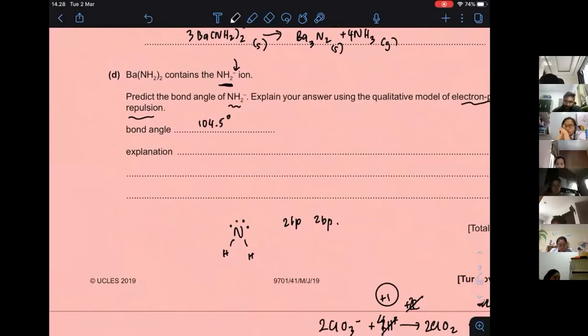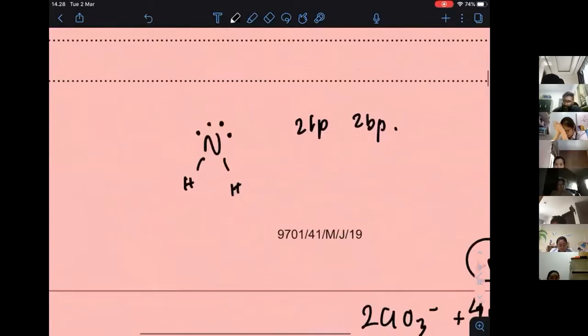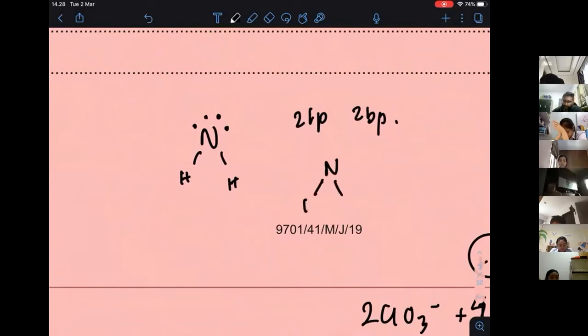Nitrogen alone, one electron is used here, another electron is used here, so you have 3 more electrons because nitrogen has 5 valence electrons. Because of the NH2 minus, there's one more electron over there. So you are going to get 2 lone pairs of electrons and 2 bonding pairs.